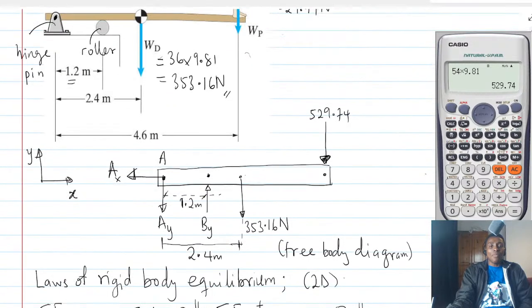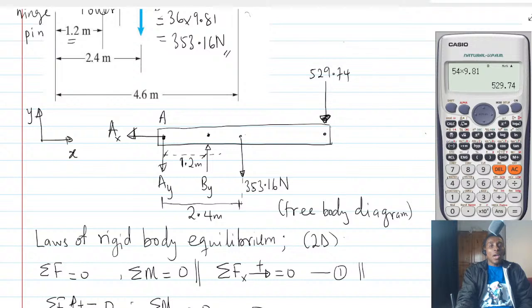Then we will sum forces. So if we see a force which is going up, then it is positive. And if we see a force which is going down, then it is what? Negative. Is that right?